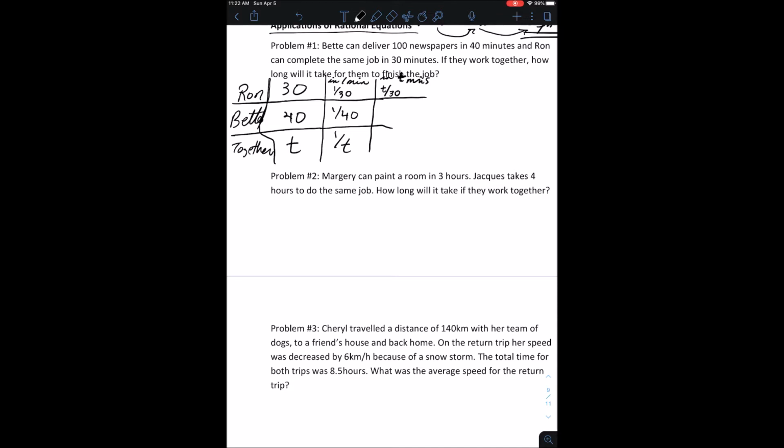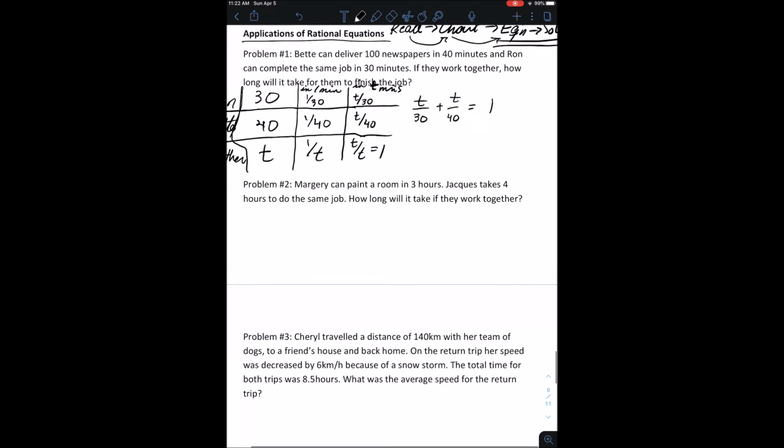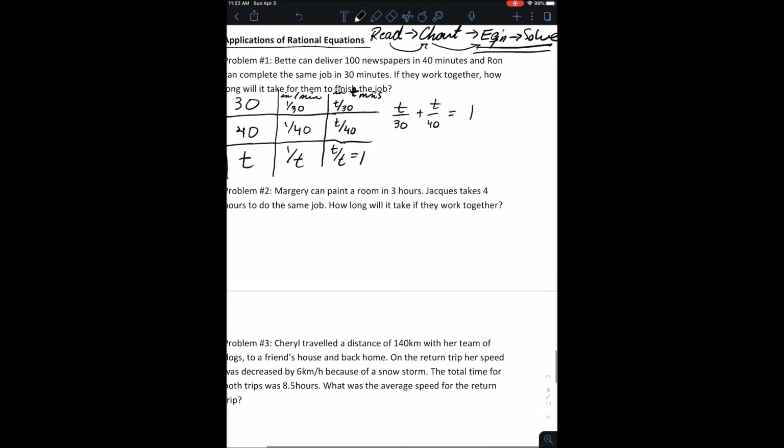So Ron would complete t out of 30, Betty t out of 40, and here the time out of the total time, well, that's just 1. So Ron contributes some time out of that 30-minute time he needs, plus Betty's contribution equals 1 completed task, or t over t.